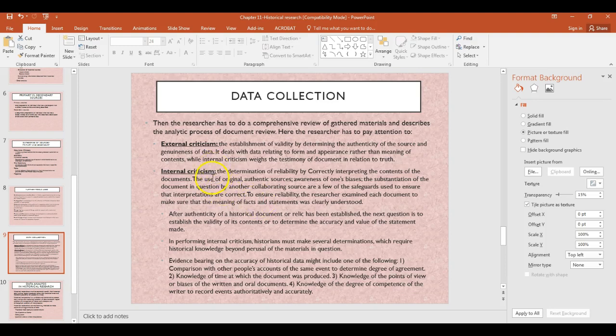Now, internal criticism is the determination of the reliability of correctly interpreting the content of the document.